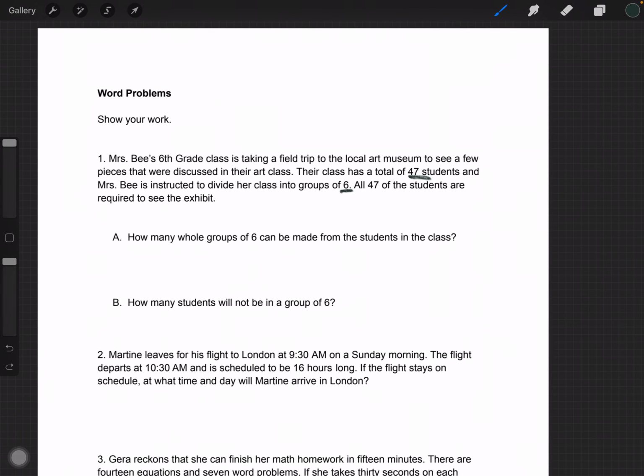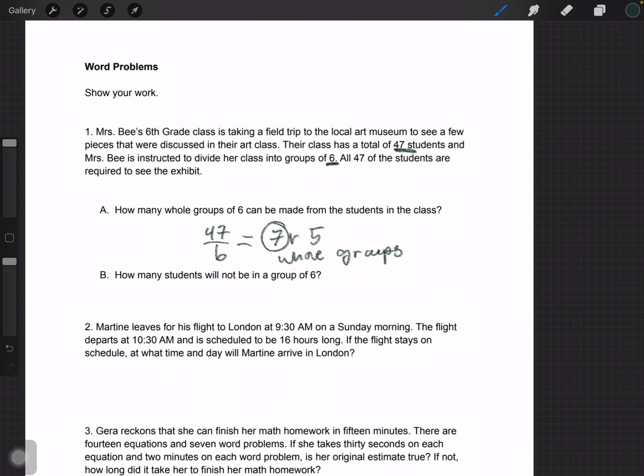So how many whole groups of 6 can be made from the students in the class? 47 divided by 6, we know, is equal to 7 remainder 5. So 7 whole groups can be made. And it says how many students will not be in a group of 6. So there are 7 groups of 6, and there's only one group of 5.